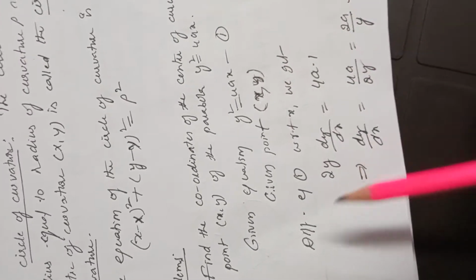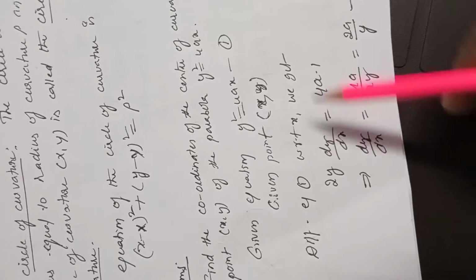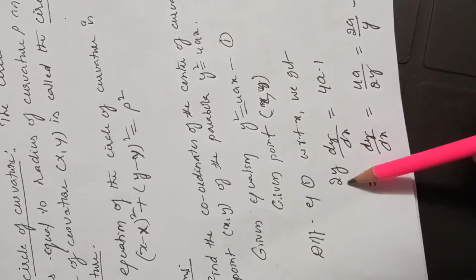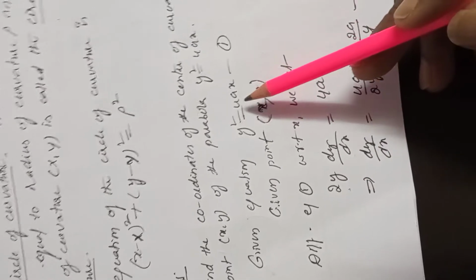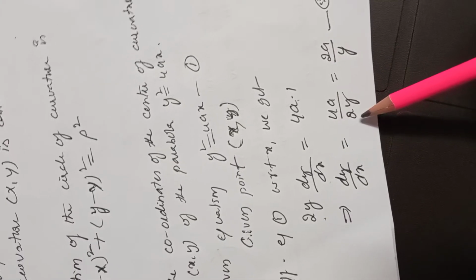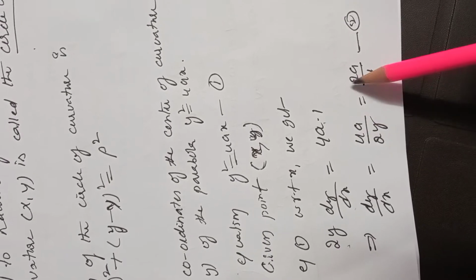Given point is x comma y. Now we are differentiating equation 1 with respect to x. We get 2y into dy by dx is equal to 4a into 1. dy by dx is equal to 4a by 2y, that is equal to 2a by y. Call that equation number 2.